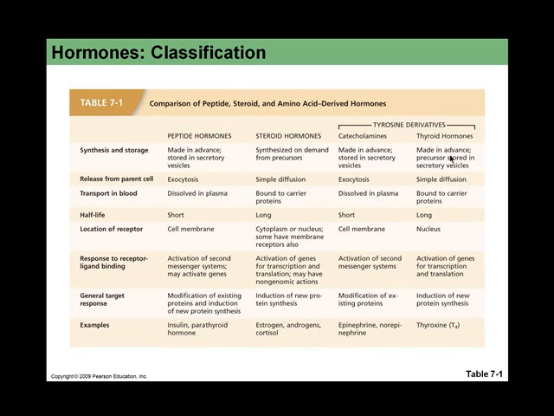The thyroid hormones are made in advance, the precursors stored in secretory vesicles. The release from the parent cell, the source cell, is through exocytosis for the peptide hormones. For the steroids, it's simple diffusion. The site of production is highest concentration, and then the most remote spot from that is lowest concentration.